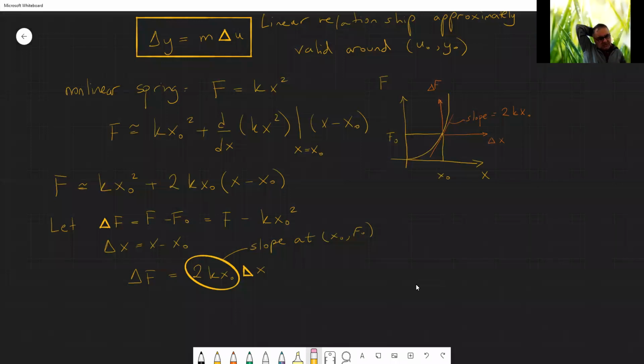Usually a physical system has an equilibrium point in which the system operates. For example, as I gave you the example, it is the mass spring system in which the gravity force and the spring force cancel each other so that it is in equilibrium.